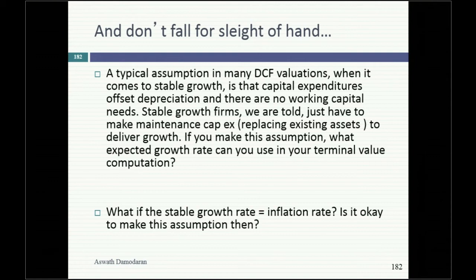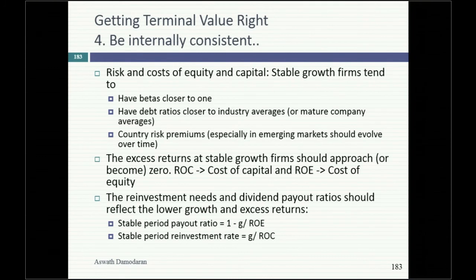The reason, of course, it doesn't work is if inflation is helping you when you sell stuff to people, guess what? It's hurting you when you replace old assets, which effectively means that even when the growth rate is equal to the inflation rate, you can't get away assuming that net capex is zero. So that's something that you constantly have to check your terminal value on.